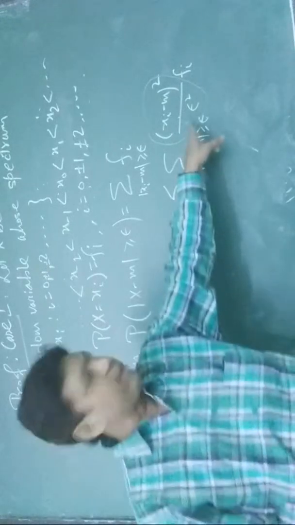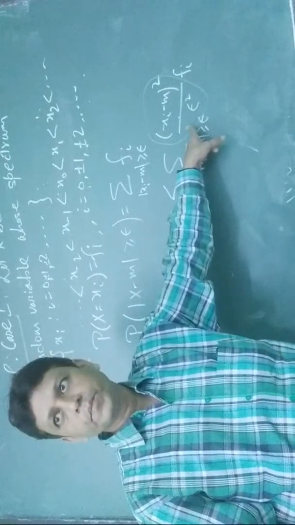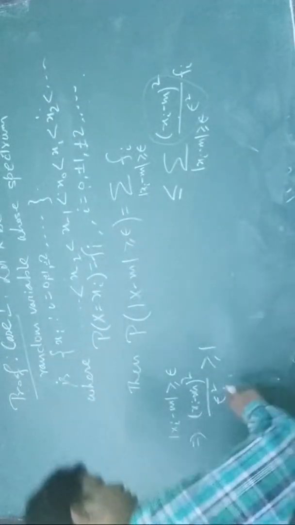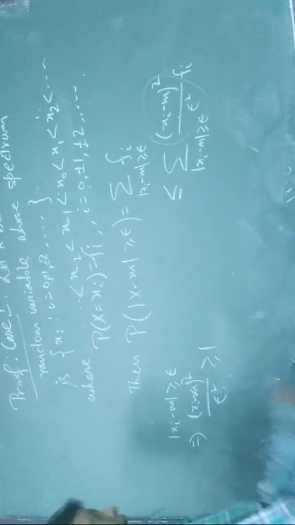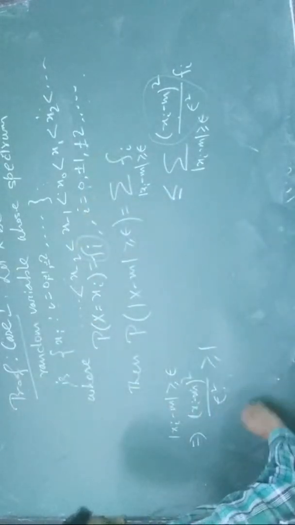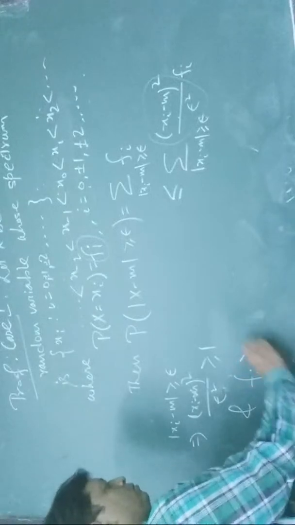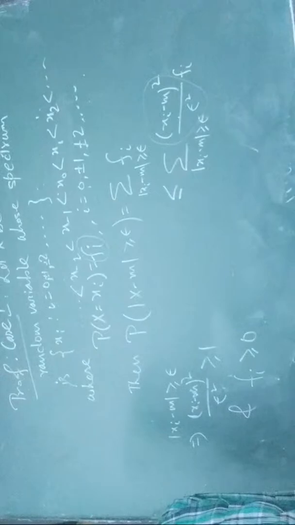So you can write this. Because of this, and fi is always positive, this can be written. Clear?